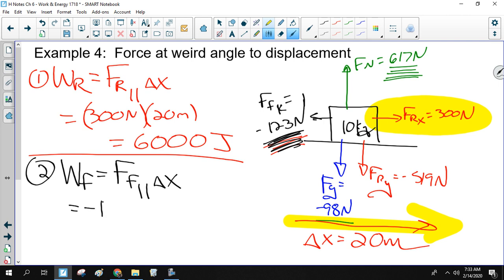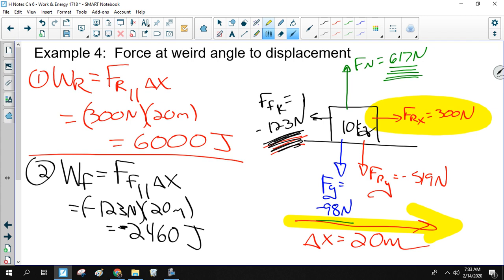So I'm going to go negative 123 newtons times my displacement of 20 meters, and that gives you negative 2,460 joules. Don't forget the negative sign, right? Because friction is working against the displacement. So that's two of my four forces.